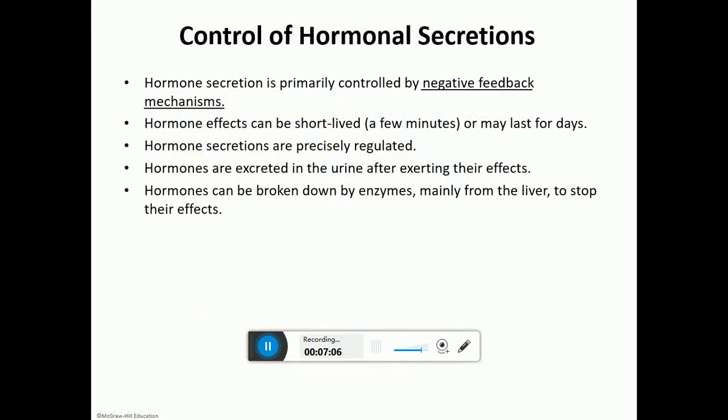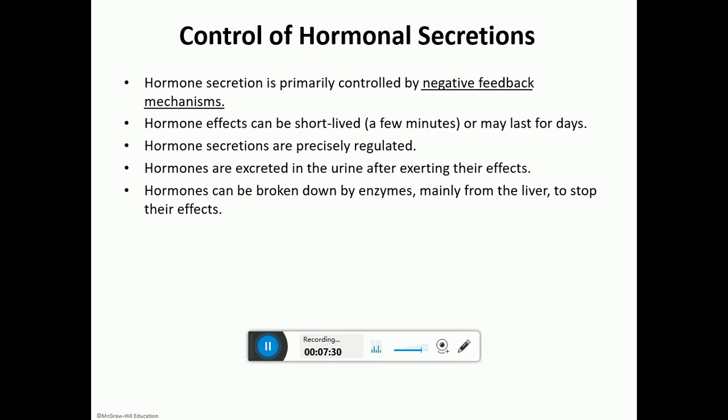Okay. Now for the control of hormonal secretion. So just like anything else in the body, the body has to control itself. So it does that through negative feedback mechanisms, where if you need a hormone, it comes out, and as soon as it does its effect, the body will downregulate the amount of hormone coming out. Hormones are usually very short-lived.